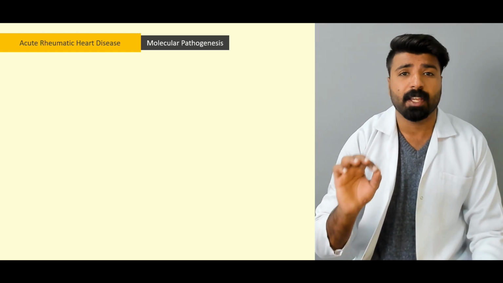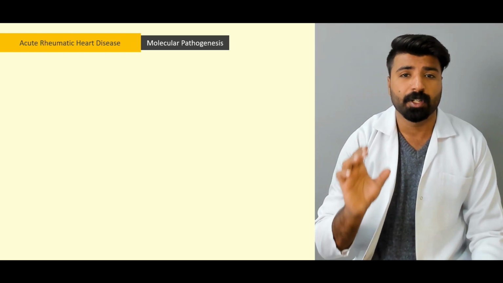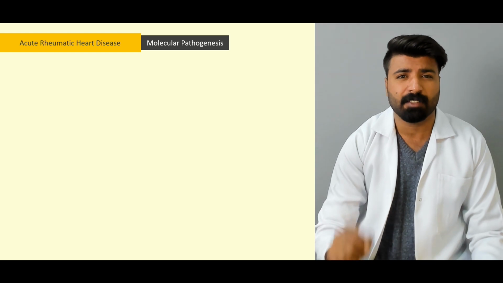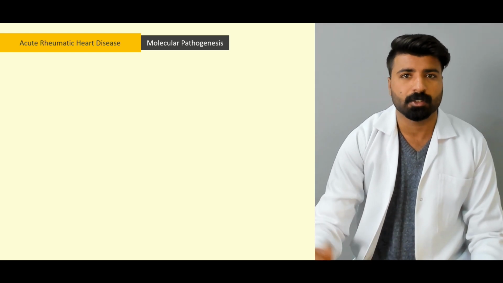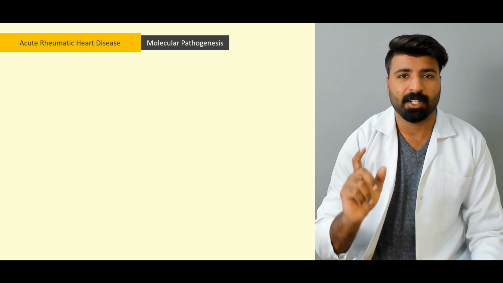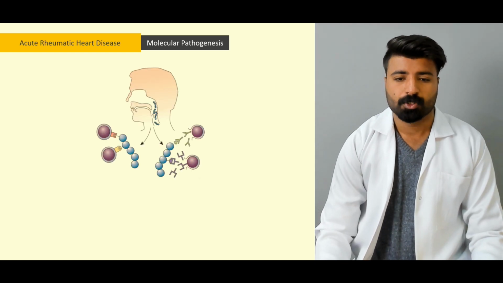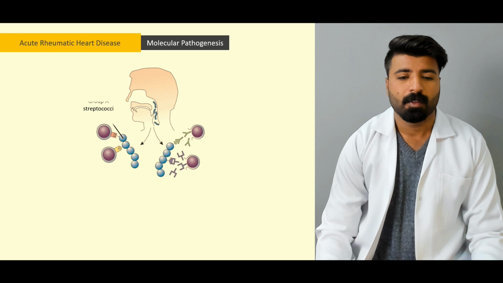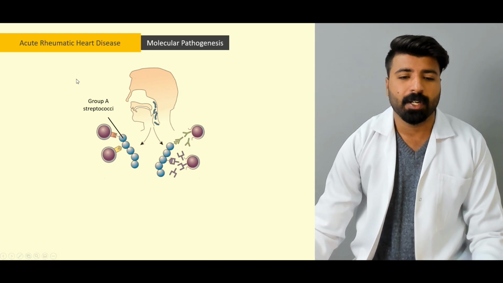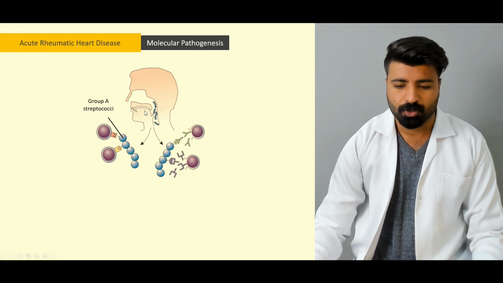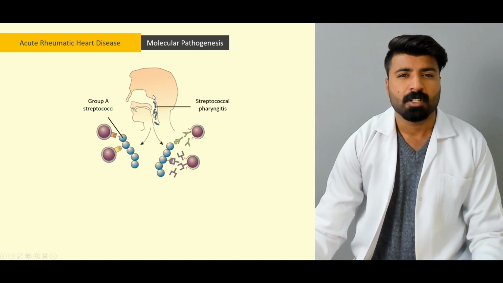Main age group that gets affected by this disease is 7 to 11-year-old boys or girls. They're most subjected to it. So what happens is, first of all, a person is going to get group A streptococci into its throat. What's going to happen?